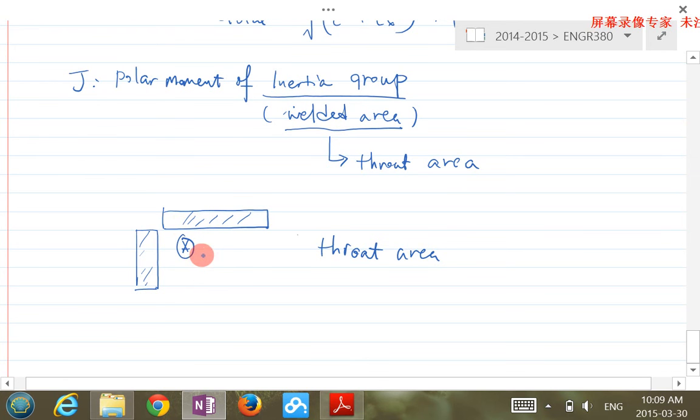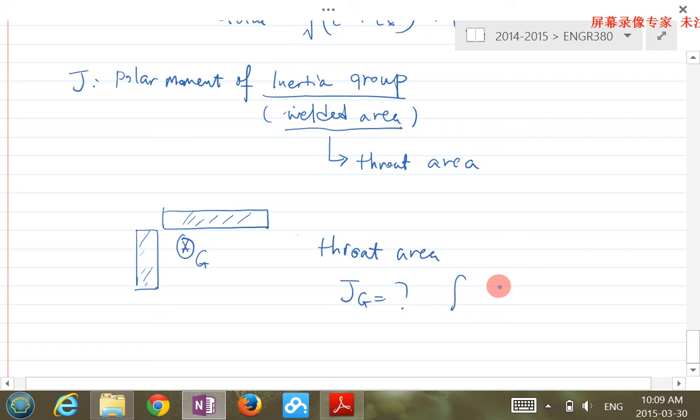So if this is G, we're looking for what JG is equal to. You can imagine a rotational axis going through G, perpendicular to the plane.